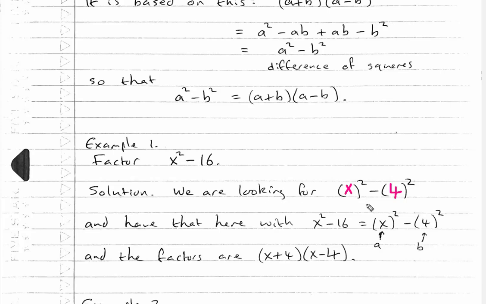Then it matches. So instead of a we have x, instead of b we have 4. So the factors are x plus 4 times x minus 4. And if you FOIL this out, you'll get x squared minus 4x plus 4x minus 16.